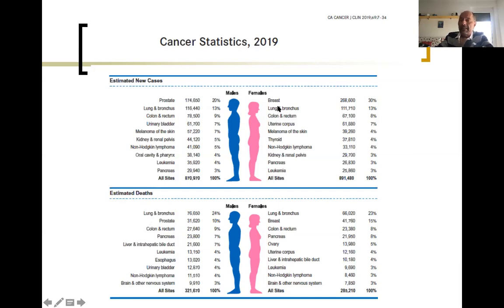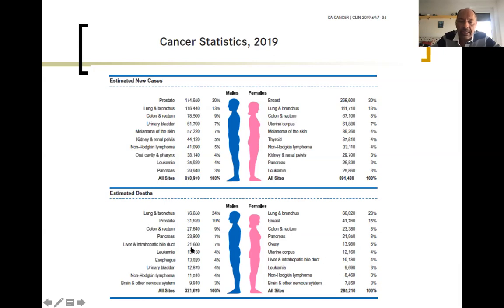It is still pretty high in females, because apparently the reduction in smoking is not enough to compensate in women as compared to men. So more people quit smoking among men than among girls, boys and girls, because this is really at a young age.